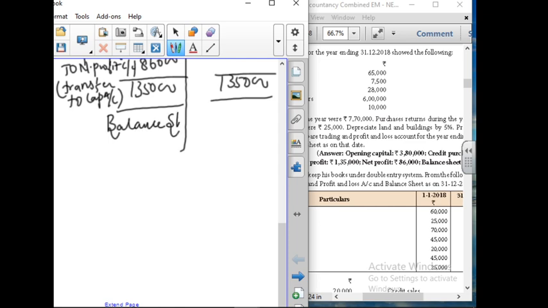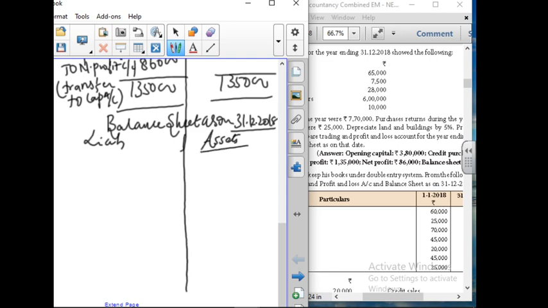You know, balance sheet is found only at the end of the year. So balance sheet as on 31/12/2018. More careful with the date. We'll transfer the, this is your liabilities, this is your assets.